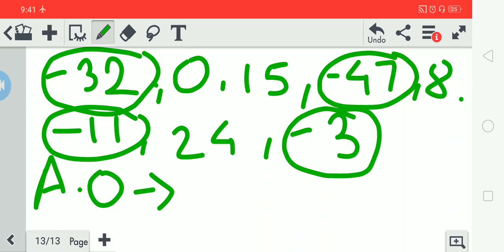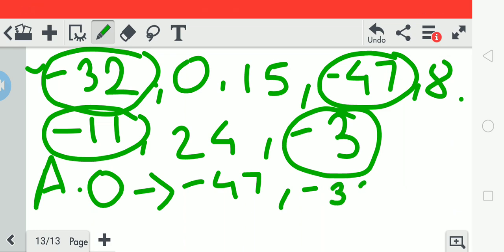So I make the part of the negative numbers first. Here negative numbers are minus 32, minus 47, minus 11 and minus 3, right? So we have to find the smallest number first. The first smaller number we get is minus 47. After minus 47 we get minus 32, right?